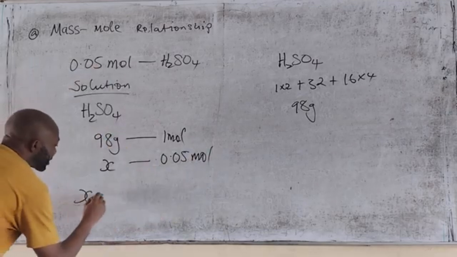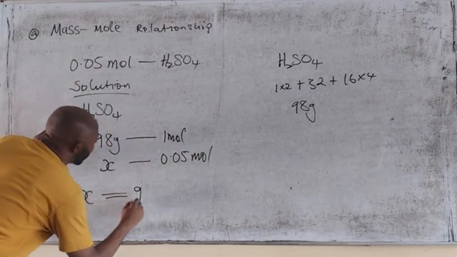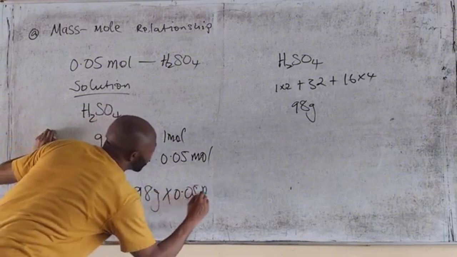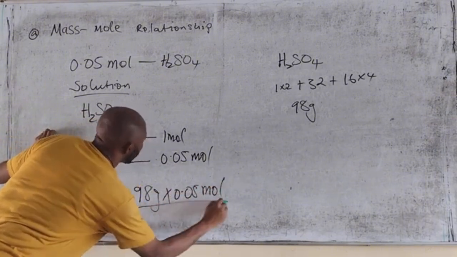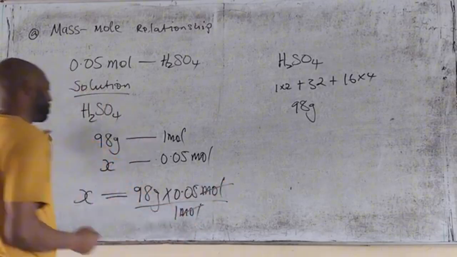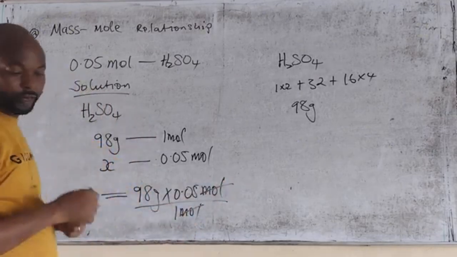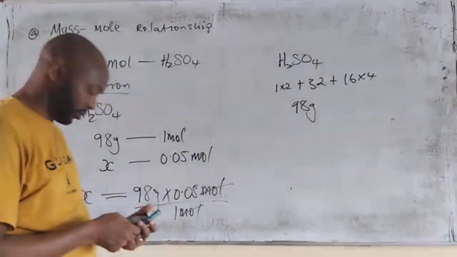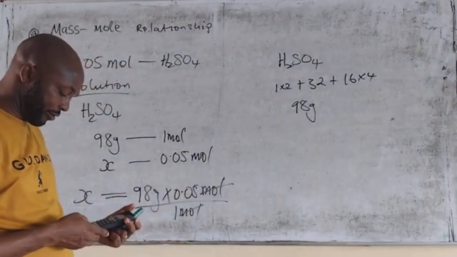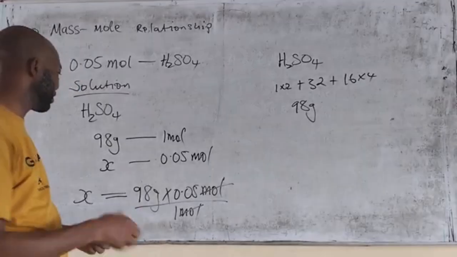So X is 98 grams times 0.05 mole over 1 mole. The mole will cancel out. 98 times 0.05 is 4.9 grams.